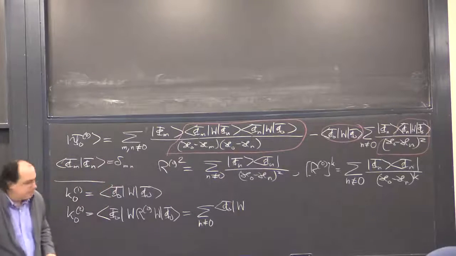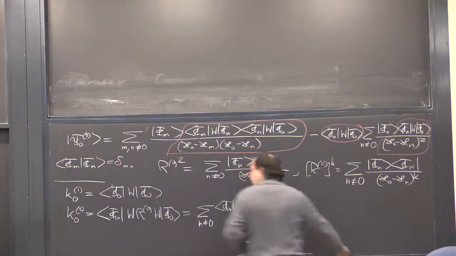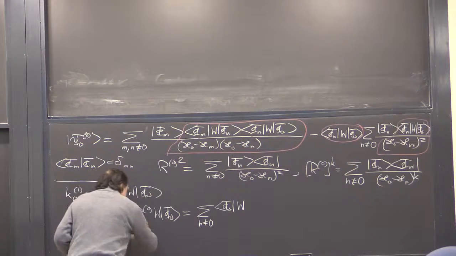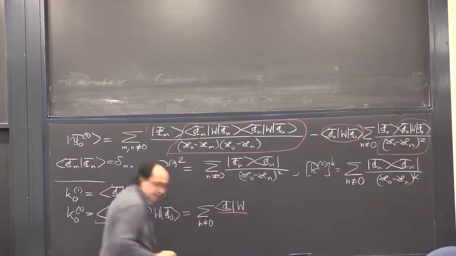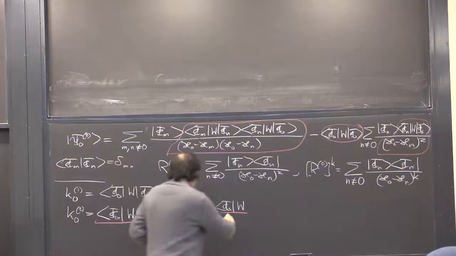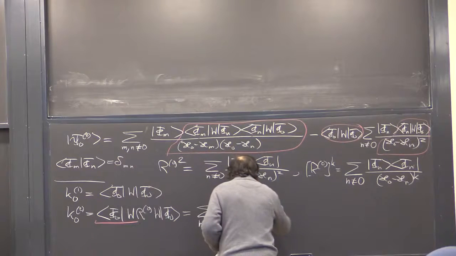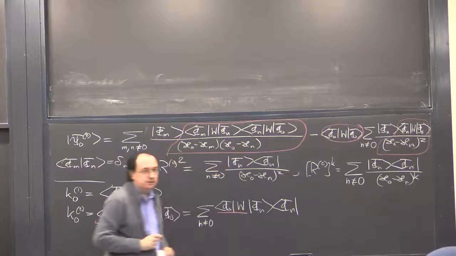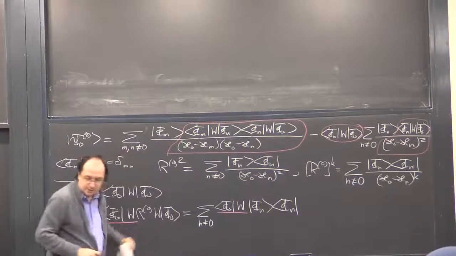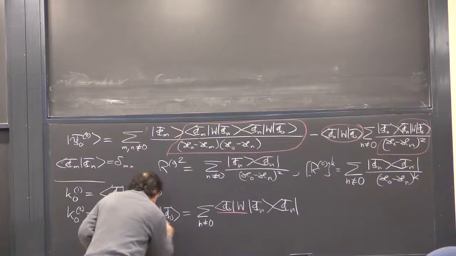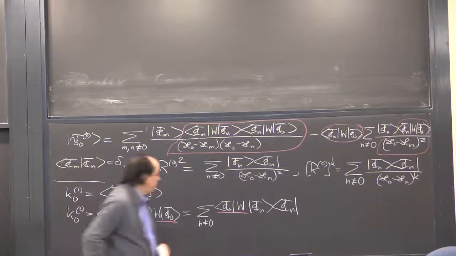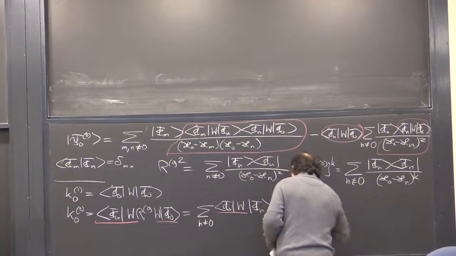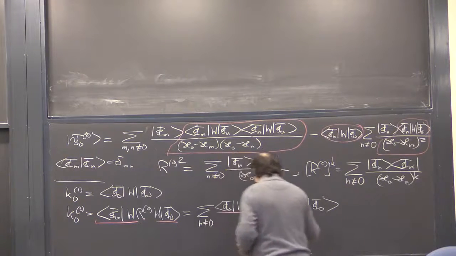Then from R0 you get phi n, that's the resolvent part. And then you have to finish it off with W phi 0 in the right part of our expression, okay?